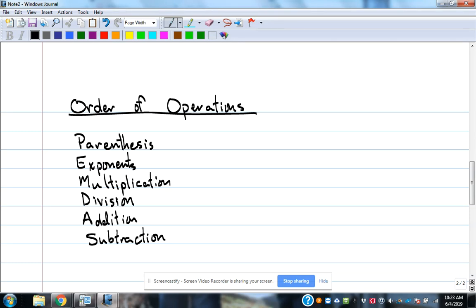If it's an absolute value symbol, the straight up and down bars with the number inside, that's a grouping symbol. Exponents happen next. And then multiplication and division, those are the same level. You don't have to do multiplication first or division second. It's in the order that you come across them in the problem, so it's left to right. Multiplication and division are the same rank. Addition and subtraction is the same way. Those are the same rank, left to right.